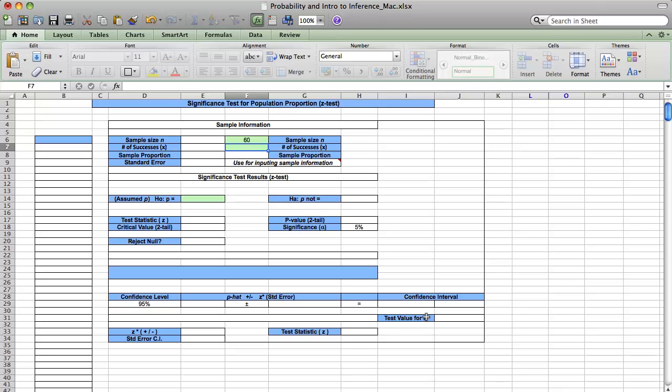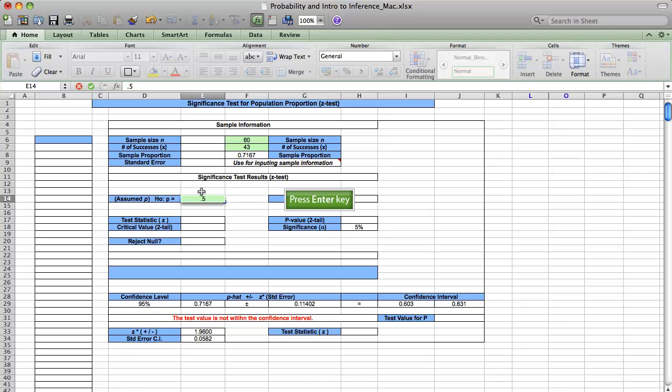That was 43. So our p-hat, there it is, 0.7167. The credit card company currently assumes that 50% or 0.5 of the women are going to spend in that range.